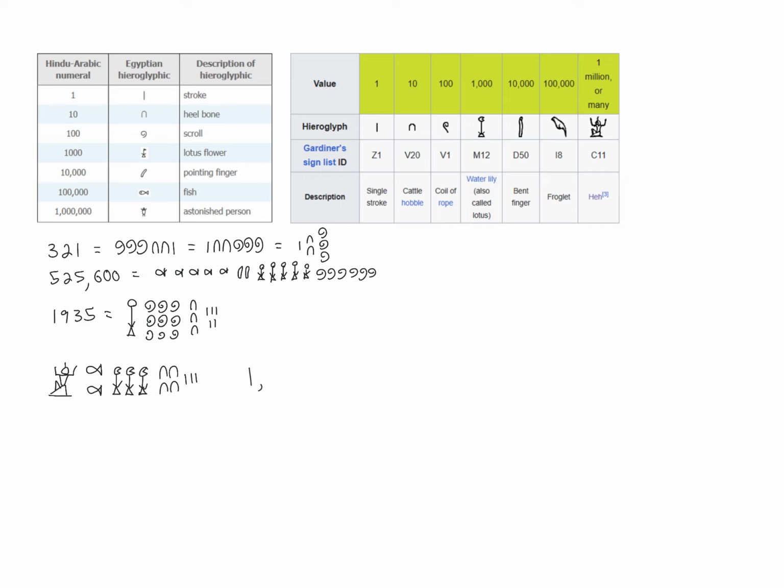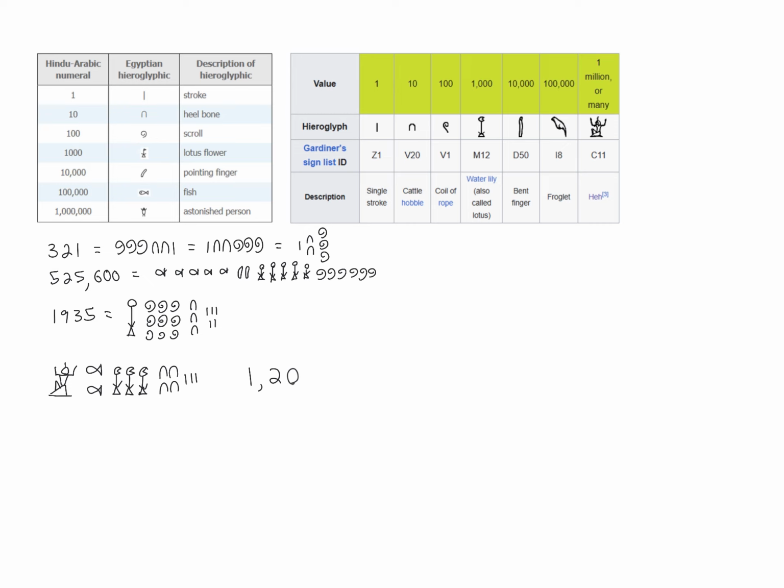And then in the next place, that's going to be 100,000s, which are fish. There are 2 of them, so that's going to be 200,000. The next place is the pointing fingers, the 10,000s, and there aren't any of those. So we're going to have a 0 in the 10,000s place. And then lotus flowers represent 1,000.